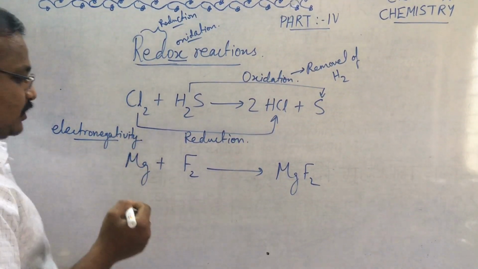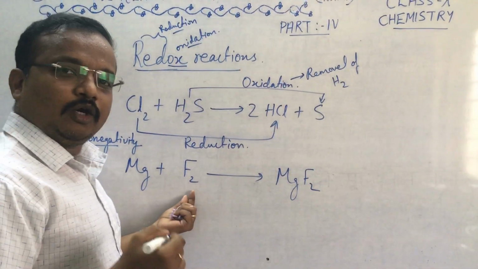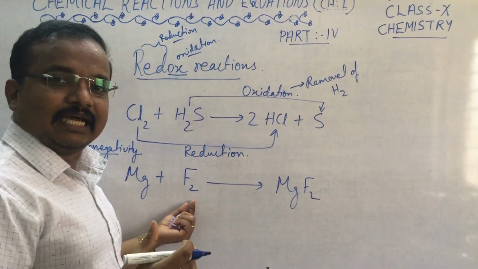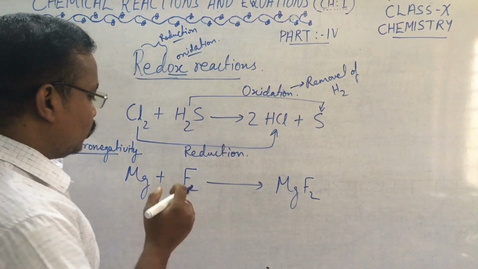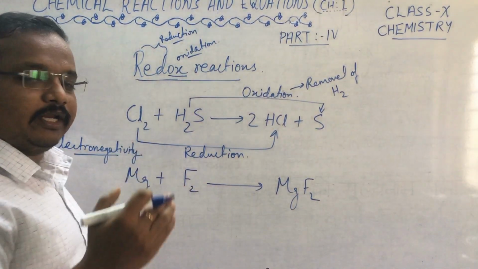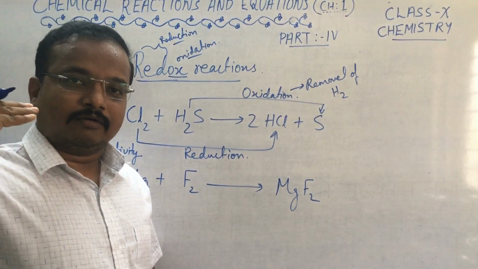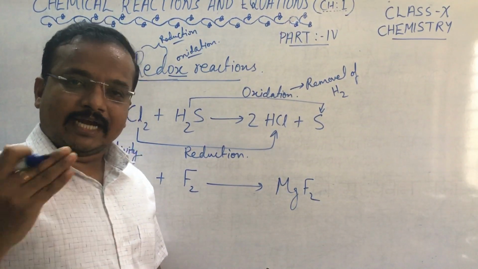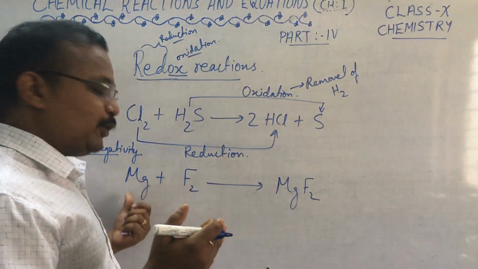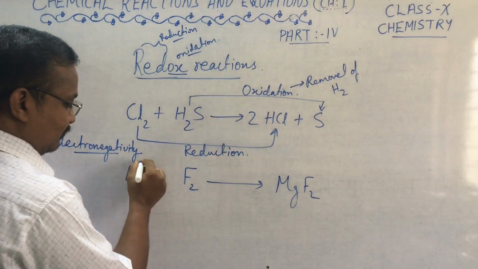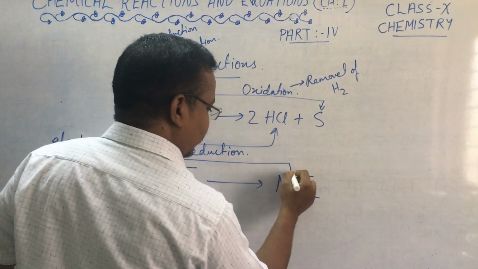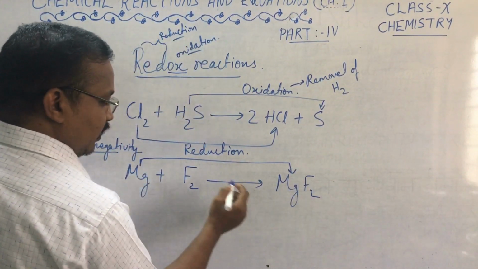Species like fluorine, chlorine, oxygen, nitrogen and others are highly electronegative in nature. If substances like fluorine, chlorine, oxygen, nitrogen are added into a species, we call that oxidation. So Mg has converted into MgF2.